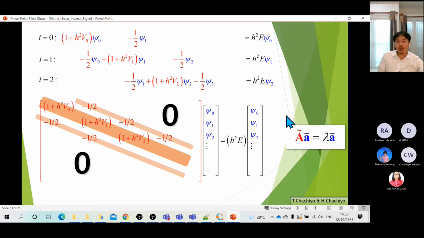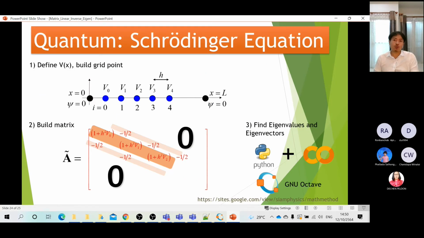Very simple. But then we have to think of the problem in terms of the matrix first. So we have that final matrix form of the PDE. In conclusion, what we have done is transform the Schrodinger equation, which is a calculus equation, into a matrix form.